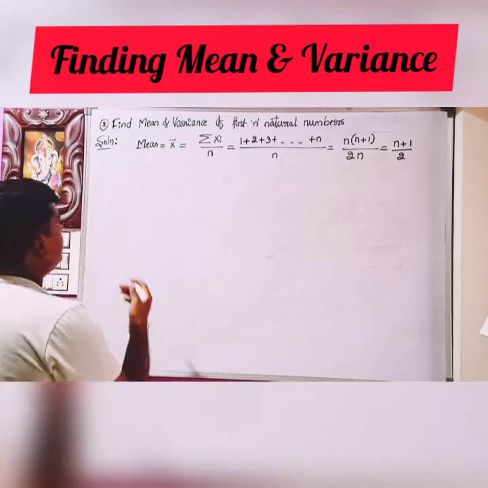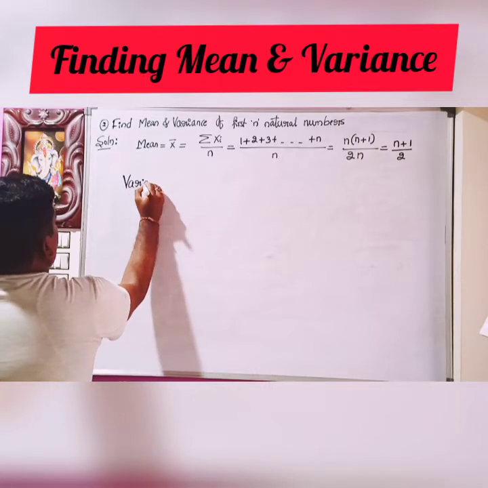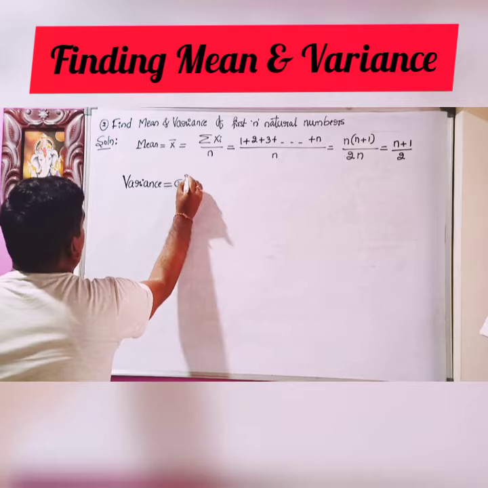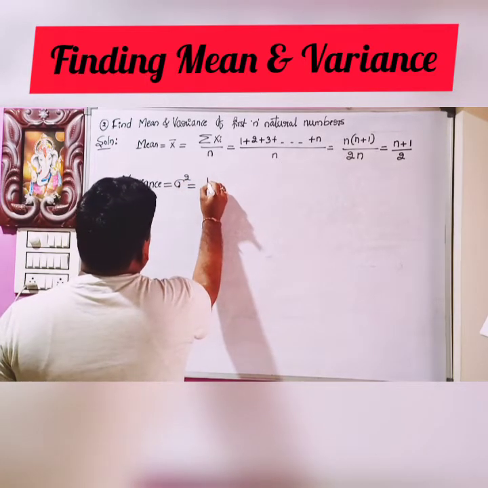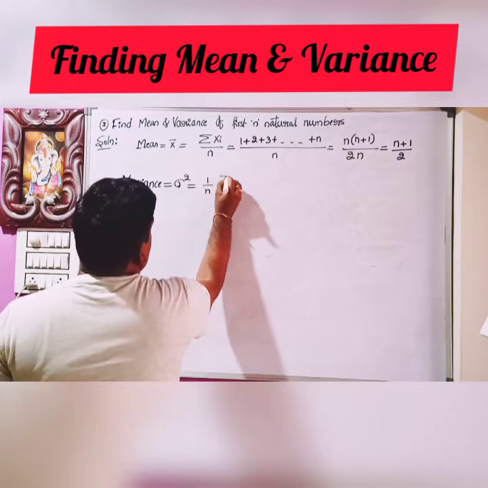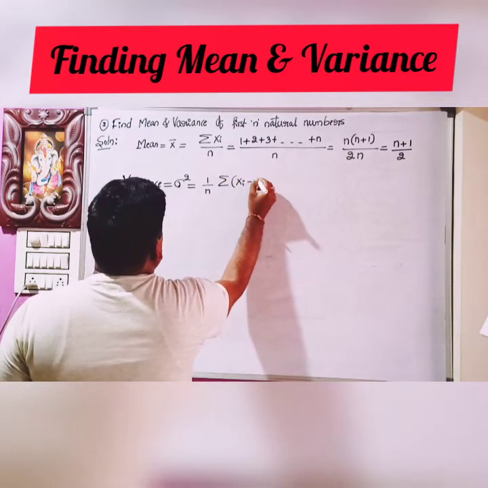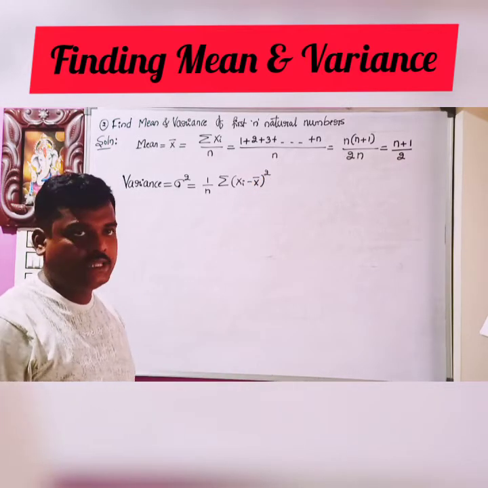Now to find the variance. The symbol is sigma square, equal to 1 by n summation xi minus x bar whole square. This is the formula for variance.